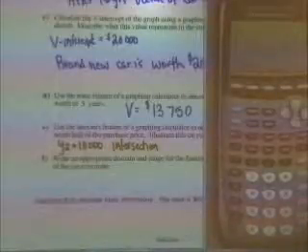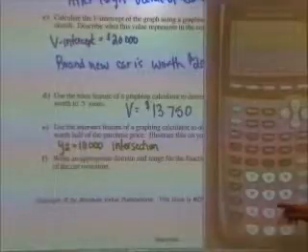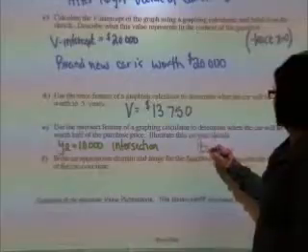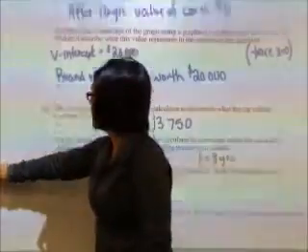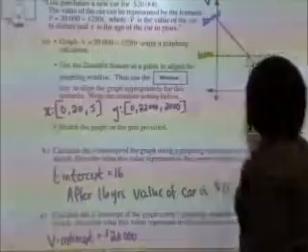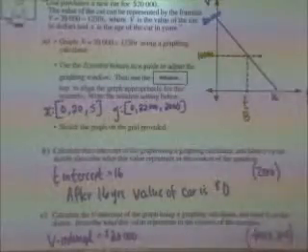And then I get my 8 years. So on my graph, where I would label this is right here. So that's what it would look like on my graph.